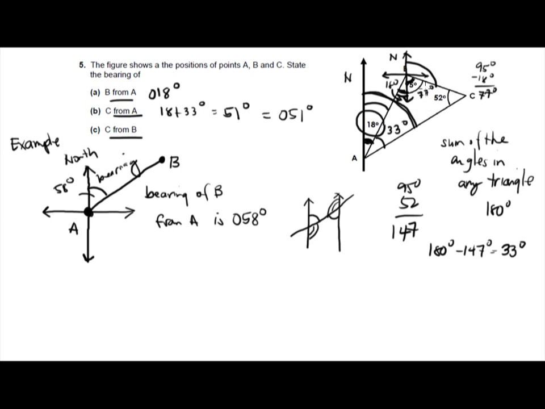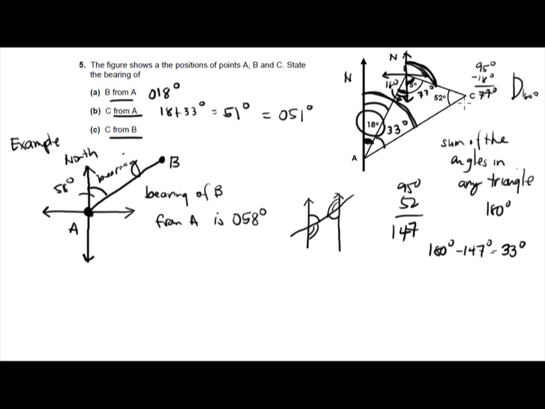Now, how can this help us find the bearing of C from B? We just want to measure this. This is the angle that we want to find, and you already know that this is 77 degrees. And in any given straight line, the angle formed is always 180 degrees. So if I take away 77, then I'll be able to get the measure of this angle.